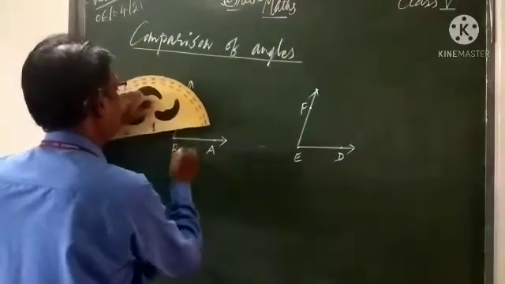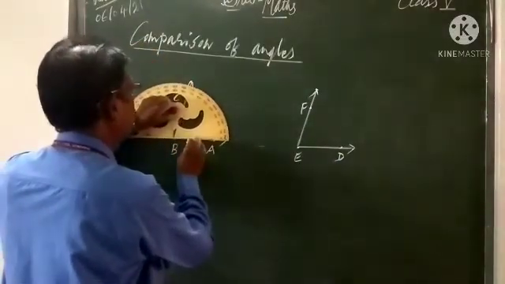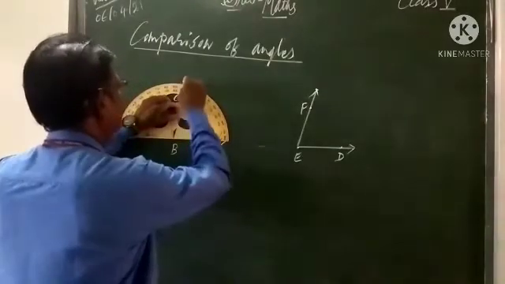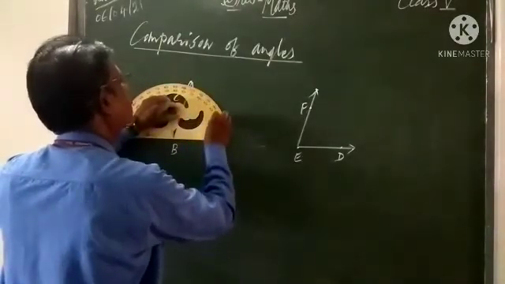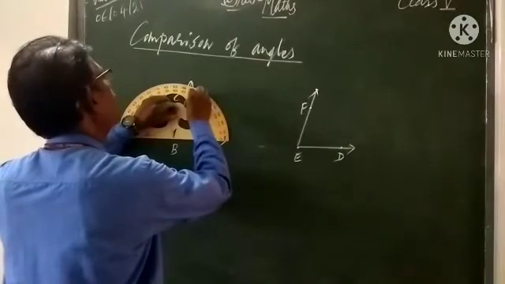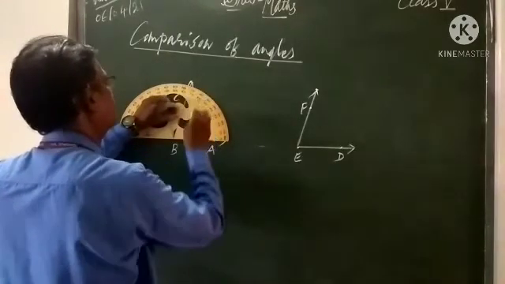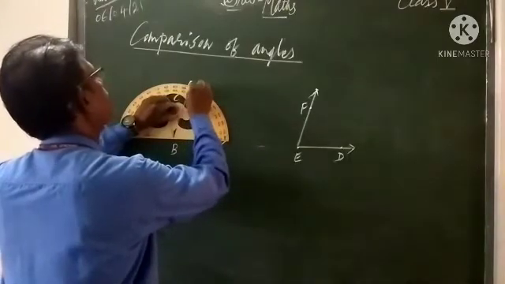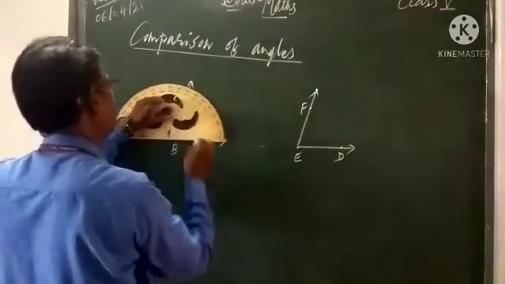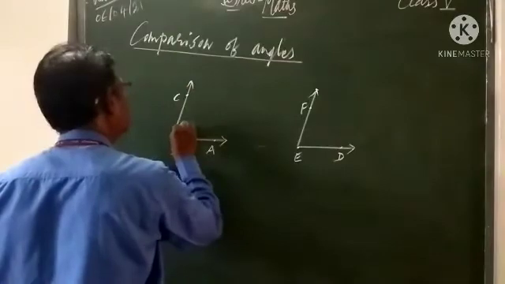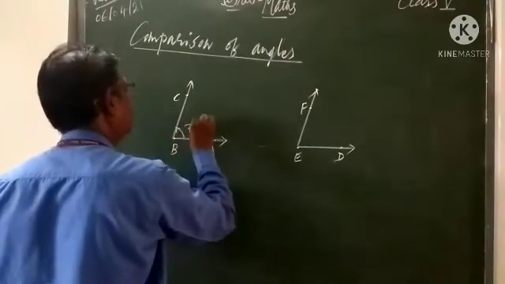The vertex is B. Now measure. On the second ray we read 0, 10, 20, 30, 40, 50, 60, 70 and 80. But this ray is present between 70 and 80. So after 70: 71, 72, 73, 74, 75. So the measure of angle ABC is 75 degrees.